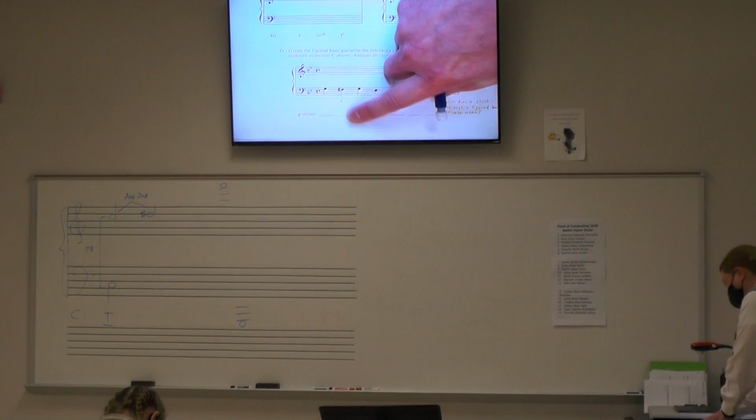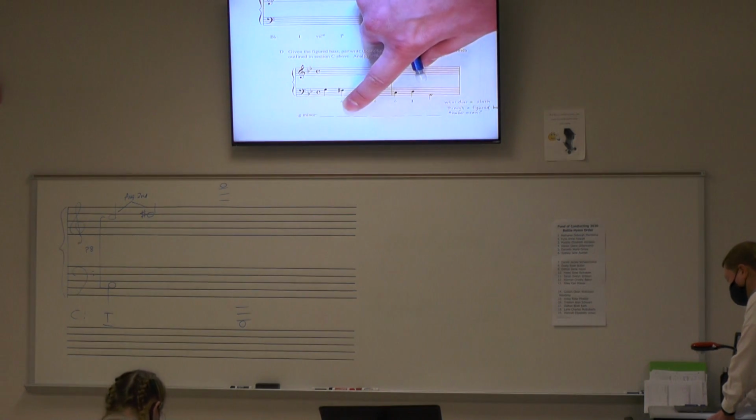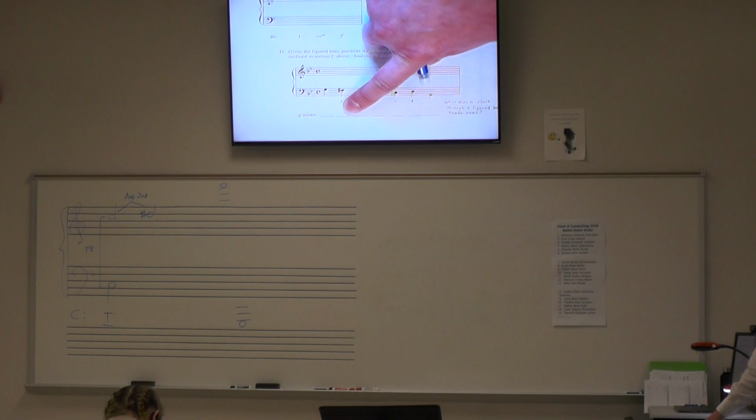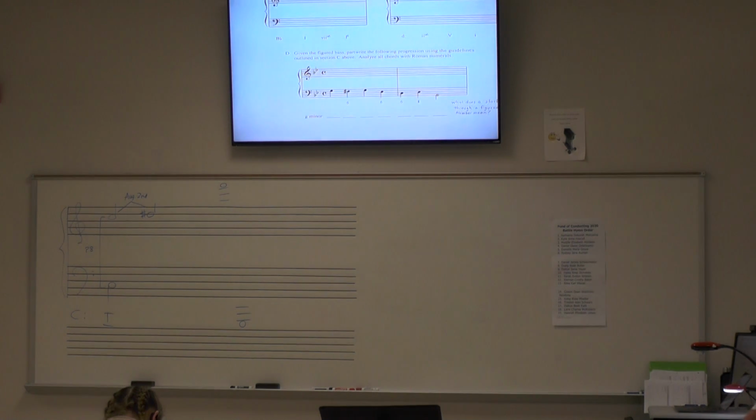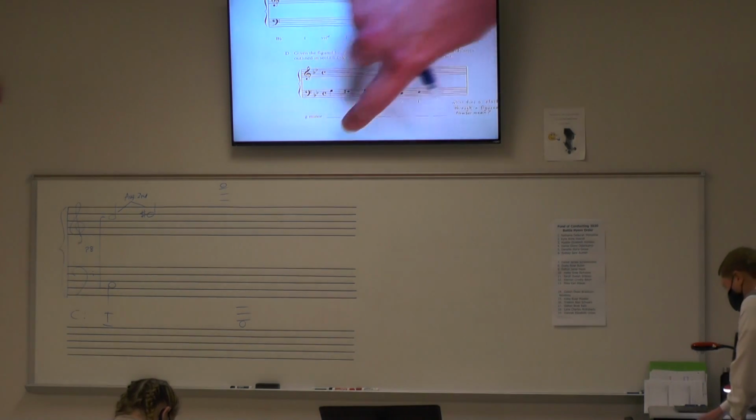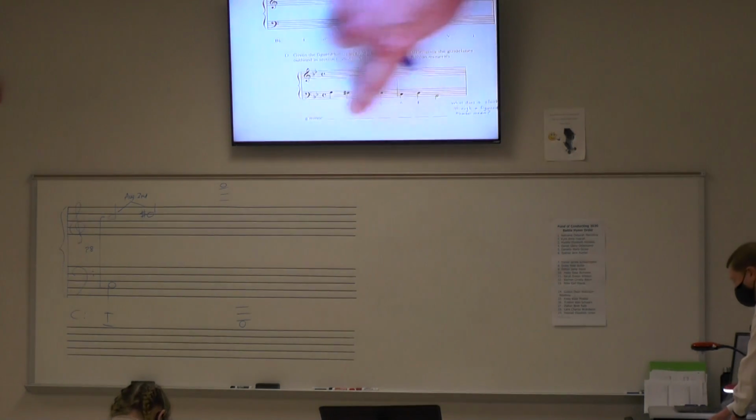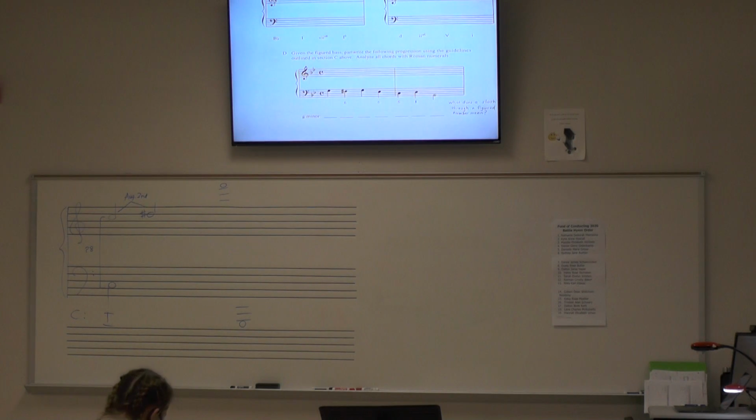If you write the letter names of the notes down here, you could probably more easily find what the Roman numeral is. I would fill in the Roman numerals next, before I even start doing any part writing. And do you know why? Because we've defined the doubling rules based on the Roman numeral, right? The chord and what inversion it's in. So I would get all the letter names of the pitches down here and then fill in the Roman numerals. That's what I would do in that order.